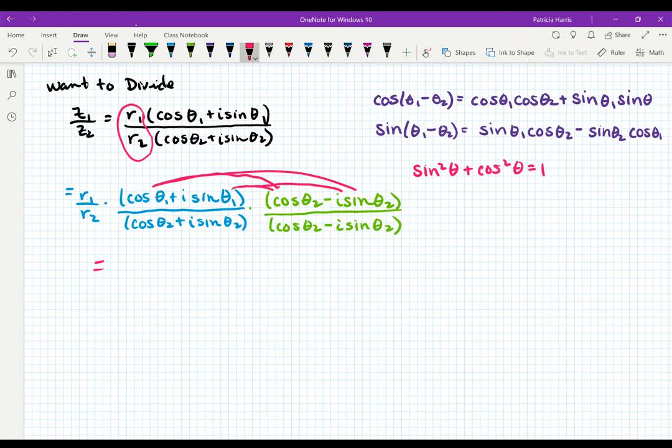Now notice on the tops we have theta 1 and theta 2, so that's going to write out a little bit different. Now notice we do have a negative i here.